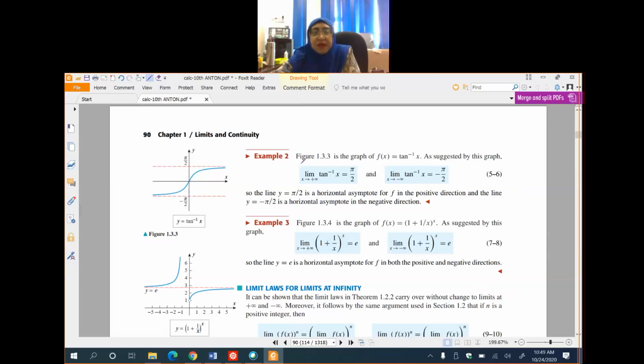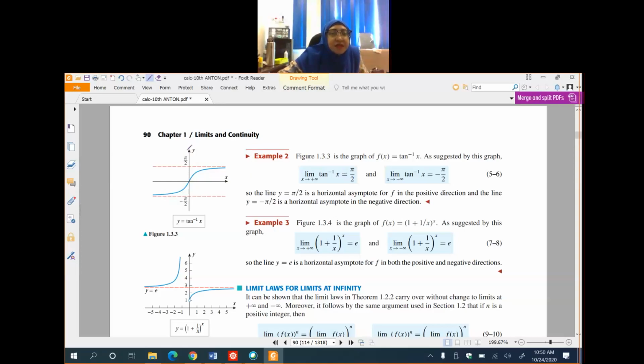Let's look at example 2. If you look at this graph here, this is the graph of arctangent of x. As x tends to plus infinity, for the right hand side, the limit of it is approaching pi over 2.